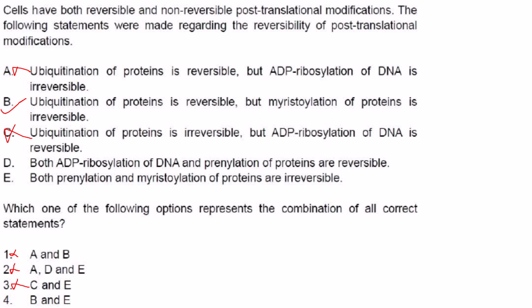Okay, ADP ribosylation is reversible. But what about prenylation? Prenylation means lipid groups are attached to proteins, usually to cysteine residues, and the enzymes involved are farnesyl transferase and geranylgeranyl transferase type 1. It is an irreversible process. So that makes option D the wrong answer.